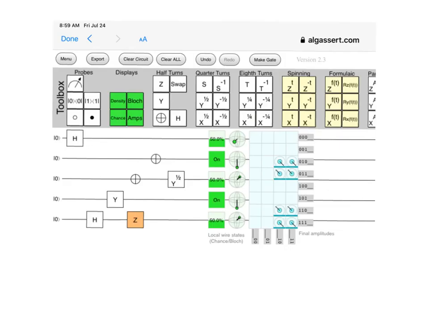And then the last thing I would point out is that if you go to the Quirk tool at algassert.com that we've been looking at, you can play around with understanding what different transformations do in terms of where they end up on the Bloch sphere. So if you drag different gates into the different lines here, if you start at the 0 state, which is up here, and you operate with the Hadamard gate, you transform the 0 state into what we call the plus state, and that's what's being indicated here.